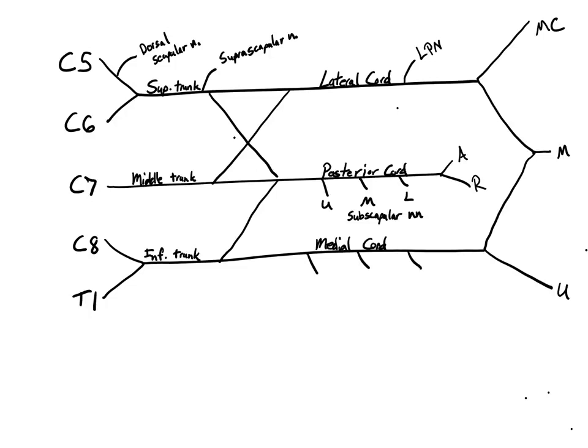The most proximal of these branches represents the medial pectoral nerve. The middle branch represents the medial brachial cutaneous nerve, and the most distally located branch represents the medial antebrachial cutaneous nerve. And don't forget that the long thoracic nerve is derived from 3 cord levels, from C5, C6, and C7.